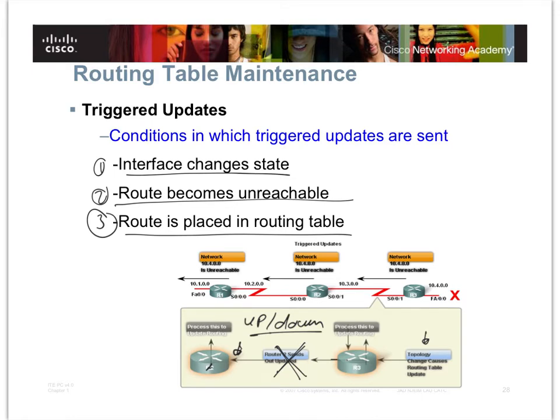That's why I said EIGRP is kind of a hybrid routing protocol, because it uses non-periodic updates, partial updates, and triggered updates, right? But it uses distance to destinations and directions. It does not use a link state table like link state routing protocols.